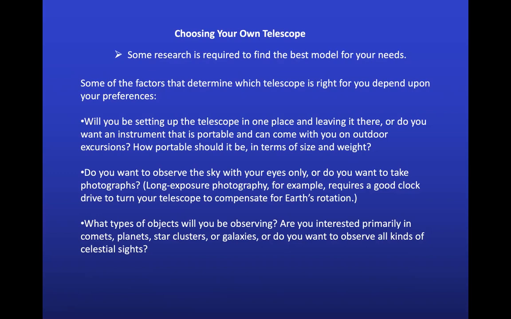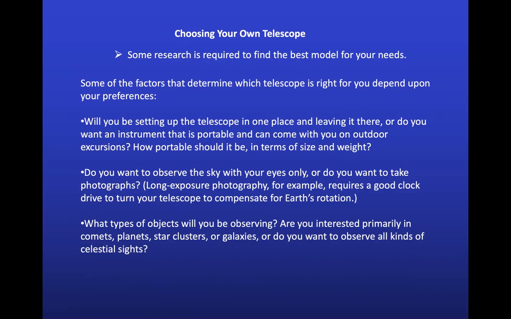One of the things we normally consider when buying a telescope is whether you will be setting up the telescope in one place and leaving it there. I am just talking in general, not only about a smaller telescope, which I think you may be asking about, but about any telescope, including large telescopes.